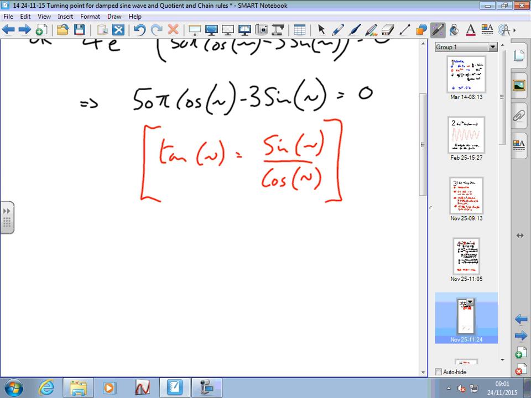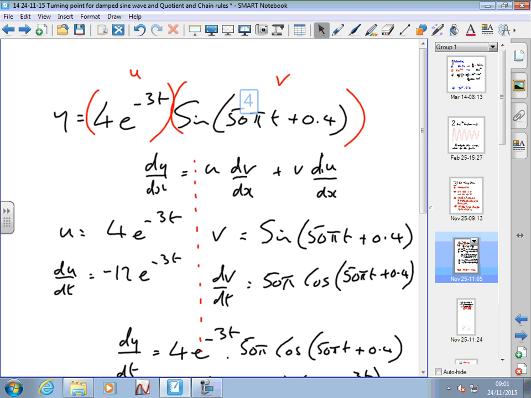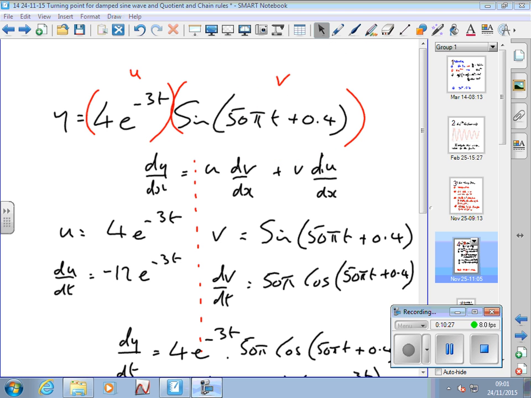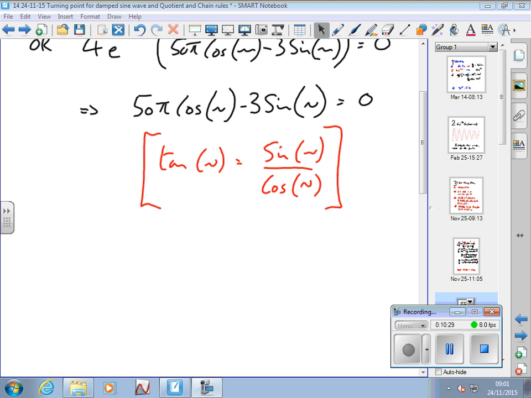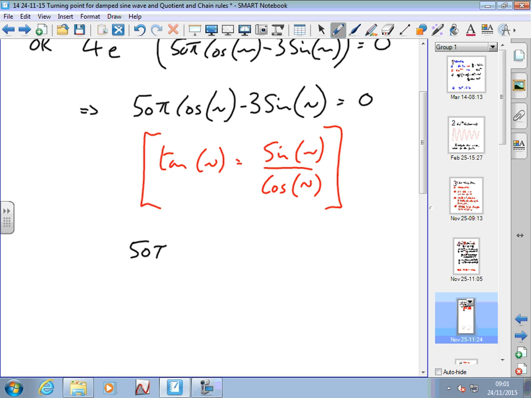So looking at this line here, this one, if we take that line above, 50 pi cos bracket equals 3 sine of the bracket.